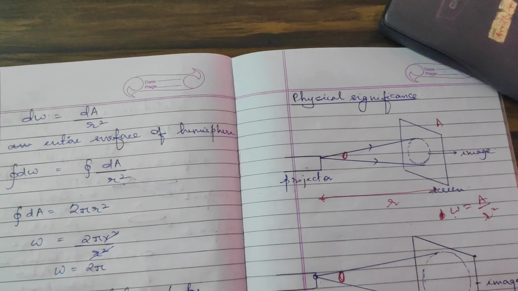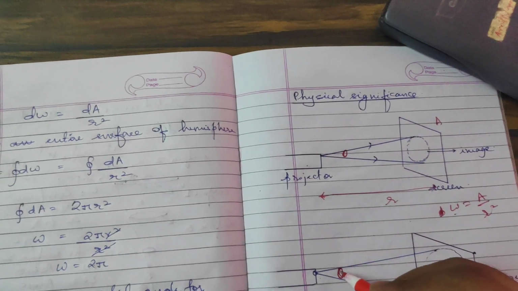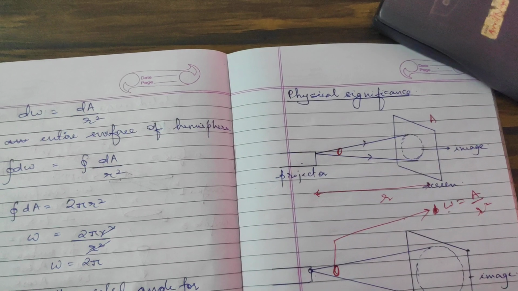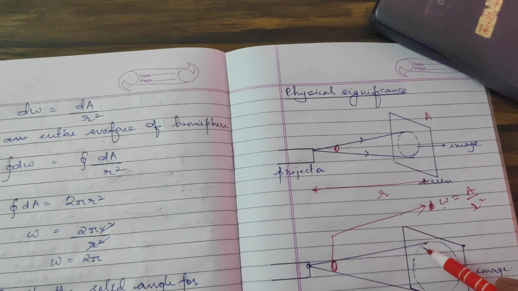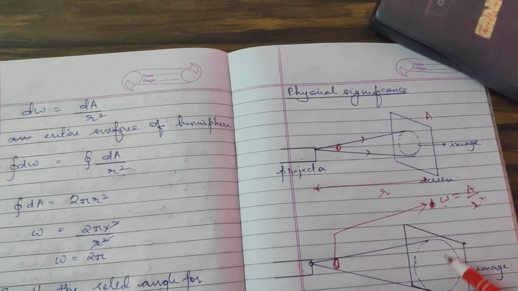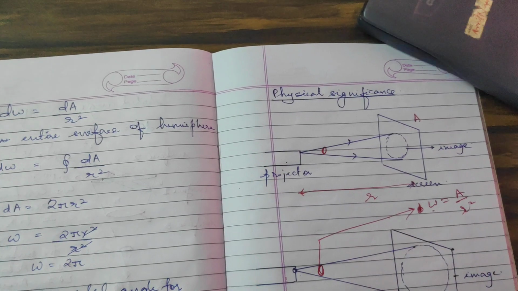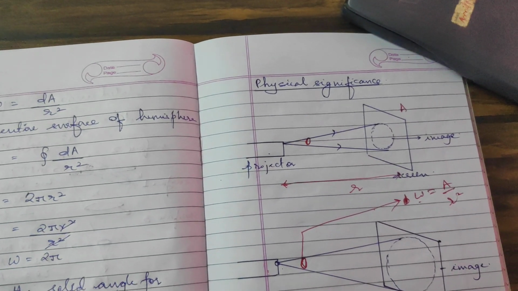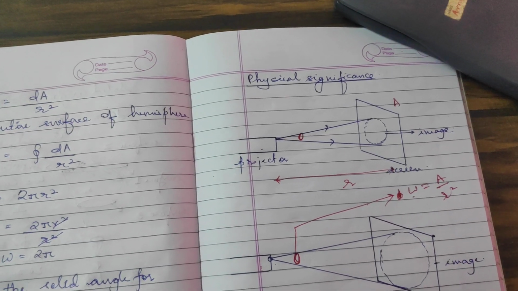So I will again go to the market and buy a projector of solid angle omega. Now this projector will present the image on the screen completely. The image will completely cover the entire screen. So that means solid angle has some physical significance in the projector industry.